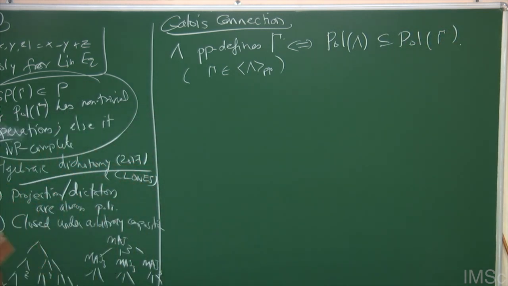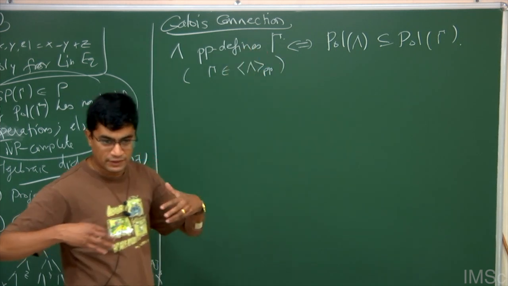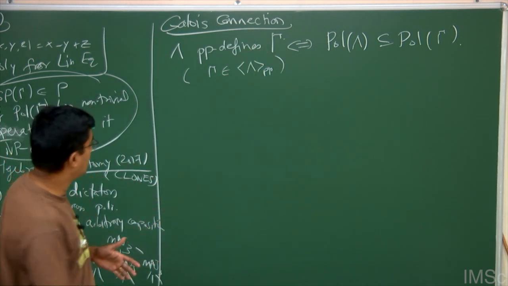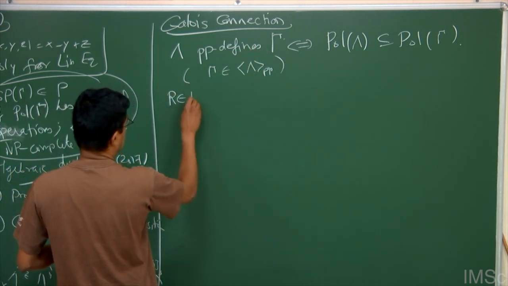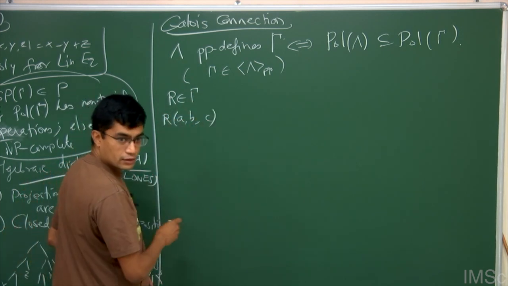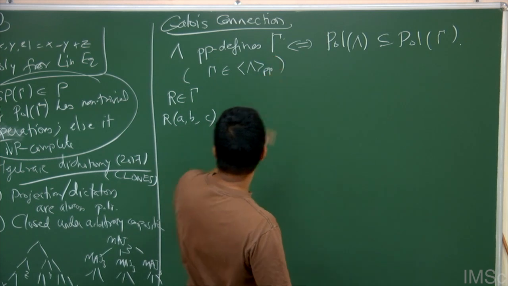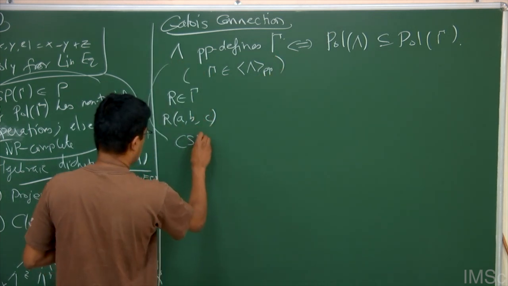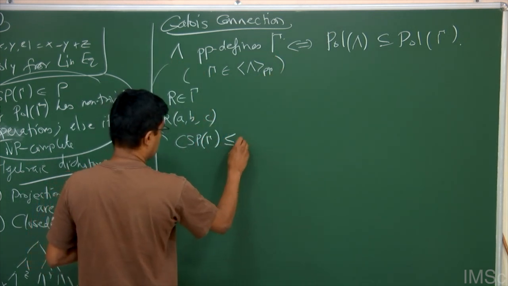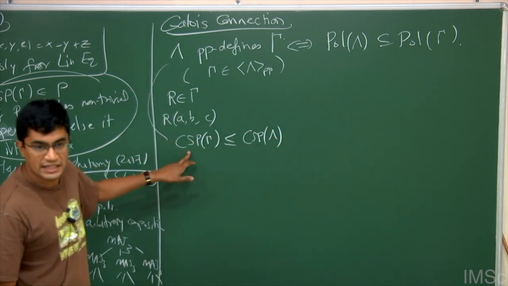And what is this PP-define? It simply means that you can express any relation in gamma as a projection of some relations in lambda. I'll just give an example. Suppose R is in gamma, and let's say its arity is 3, R(A, B, C). Gamma PP-defines means that this will imply that CSP(gamma) can be reduced to CSP(lambda), and that means this is an easier problem.